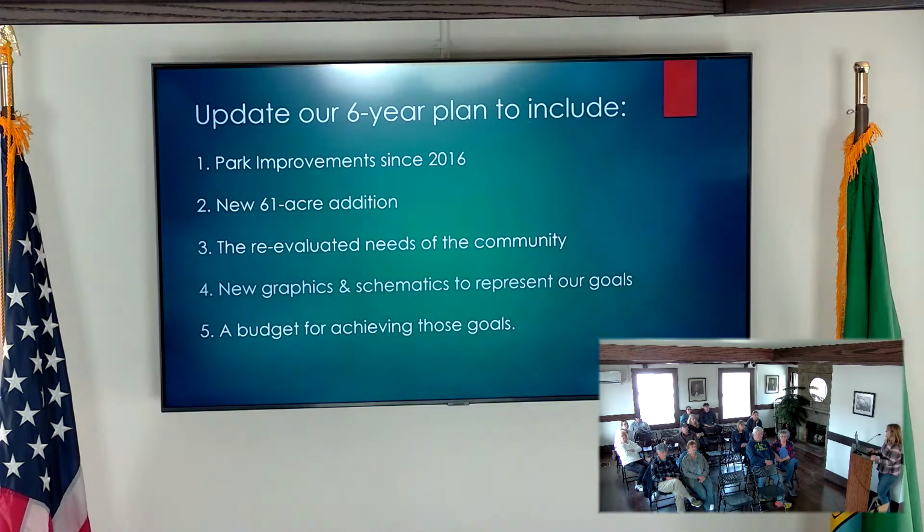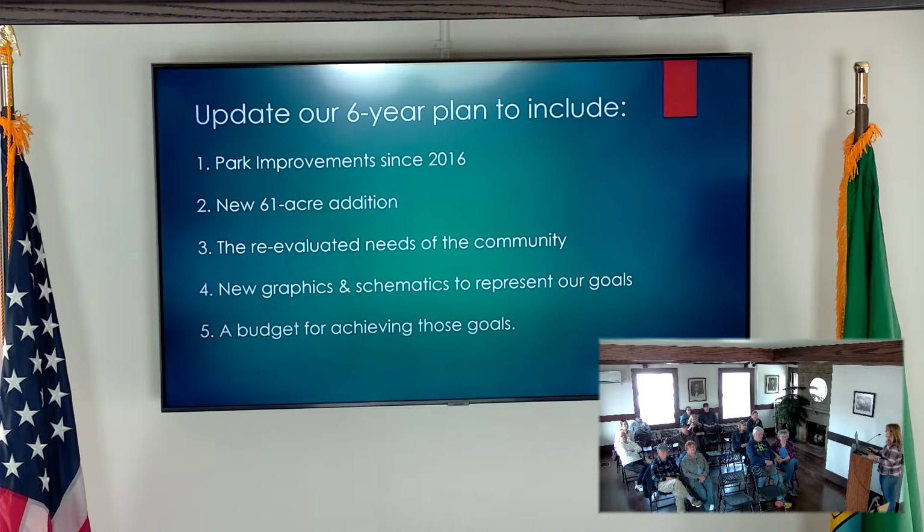An update to a 6-year plan would include any park improvements that have taken place since 2016. Those all need to be included. We need to add the new 61-acre addition, because that is not covered in our plan at all at this point. There are also the reevaluated needs of the community, which means talking to the community and seeing what they want.